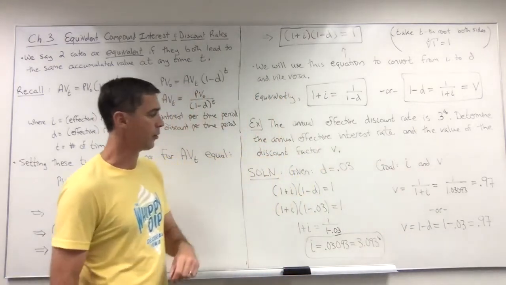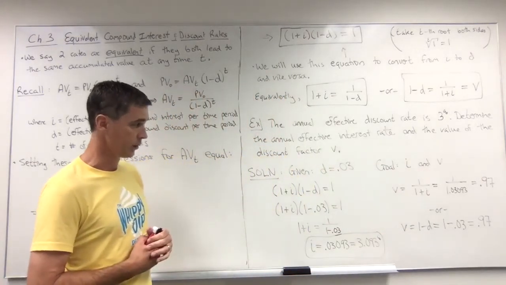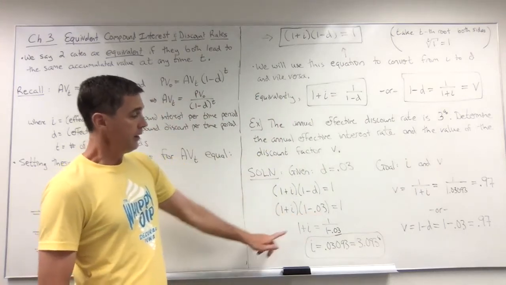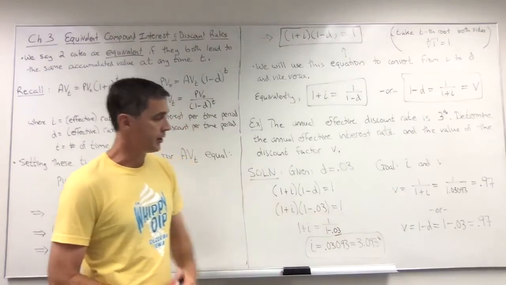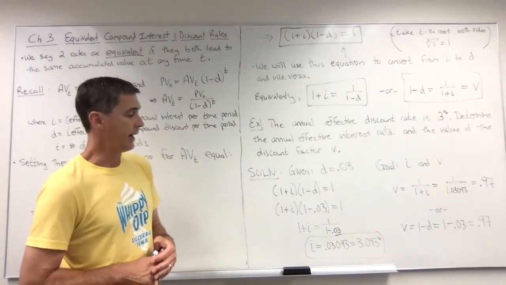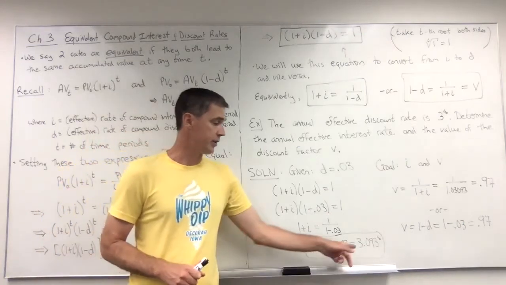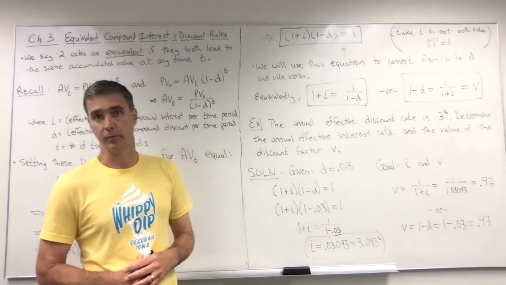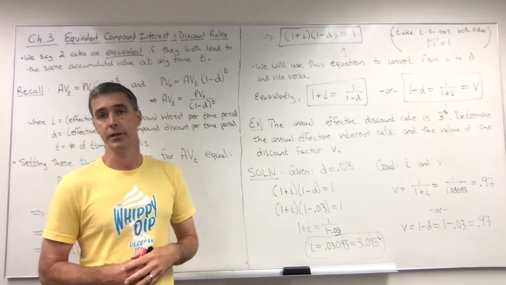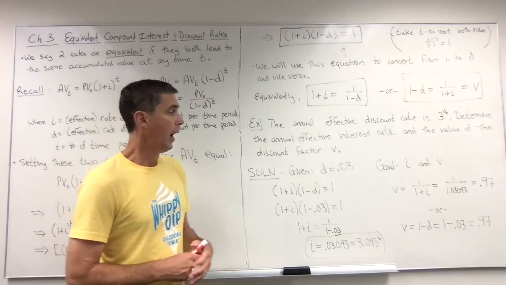So there's our formula, (1 + i)(1 - d) equals 1. I can replace d with 0.03, divide 1 - 0.03 underneath the right-hand side. And if I solve for i, I get i is equal to 0.03093, which is slightly more than 3%, okay? And your interest rate should always be slightly higher than your discount rate, okay?